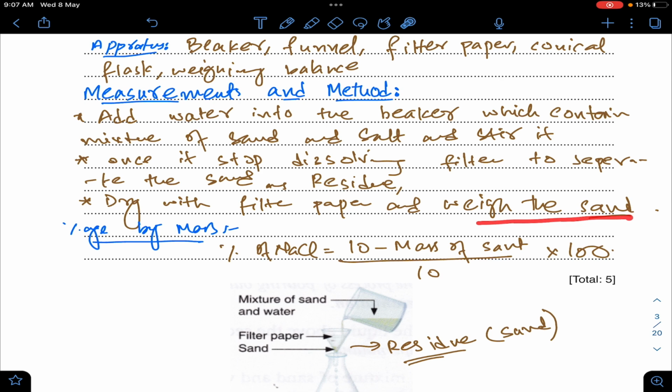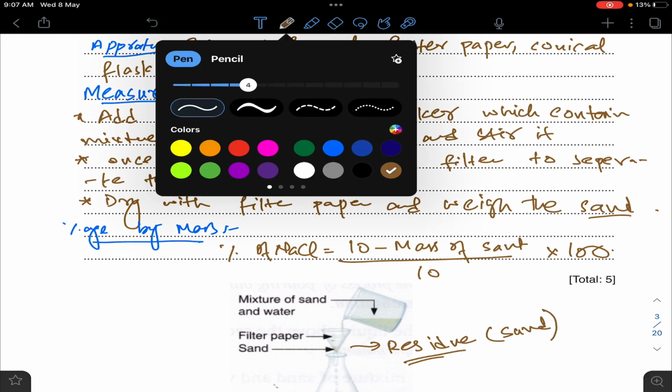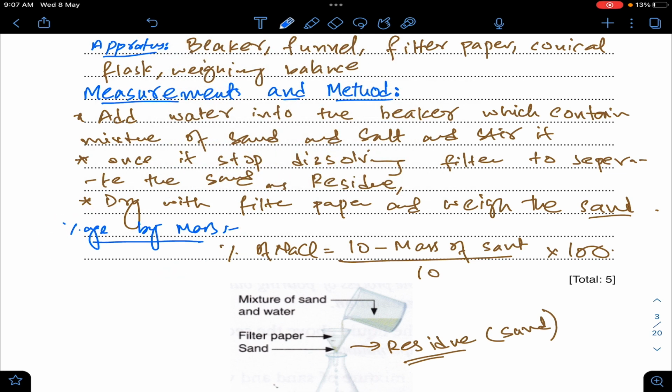Obviously by using a weighing balance, we'll note the mass of sand, and now we have the mass of sand. Now we can easily calculate the percentage by mass of sodium chloride.